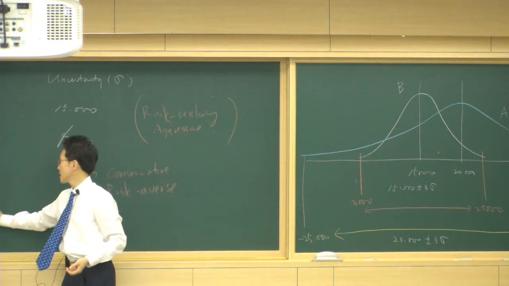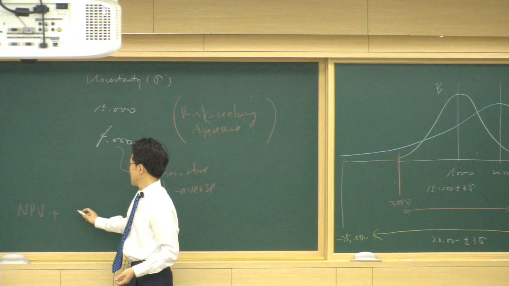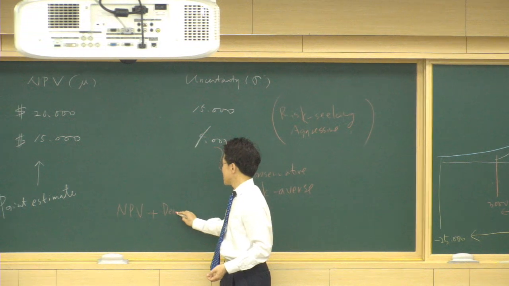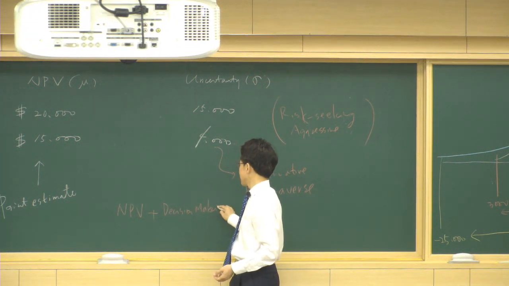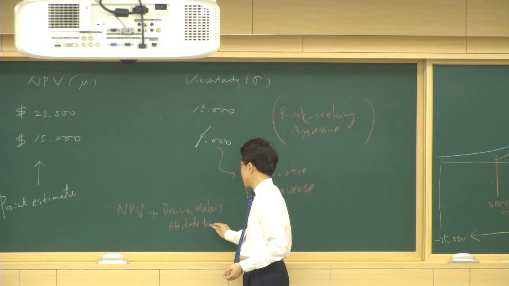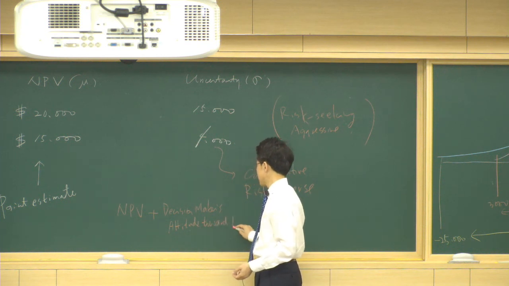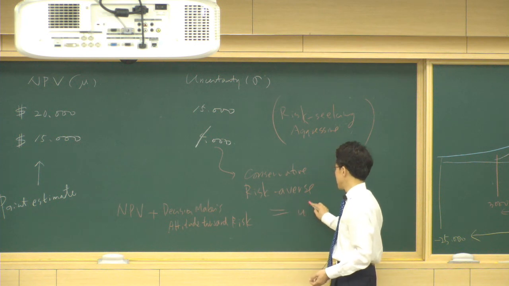So we now have NPV plus decision maker's attitude toward risk. That's utility.